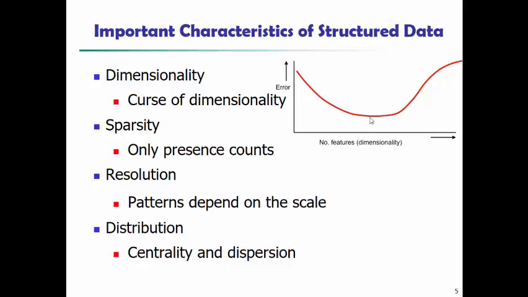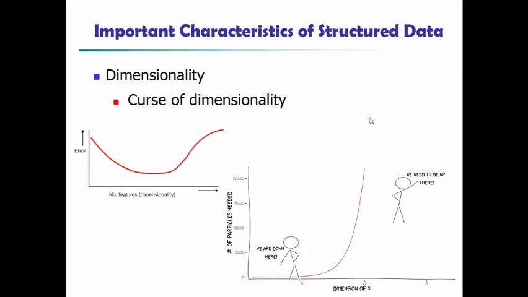Okay. Distribution, that is also the issue. So here, this slide explains the curse of dimensionality. At a certain point here, usually number 7, somewhere here, the number of particles needed to describe some patterns grows.